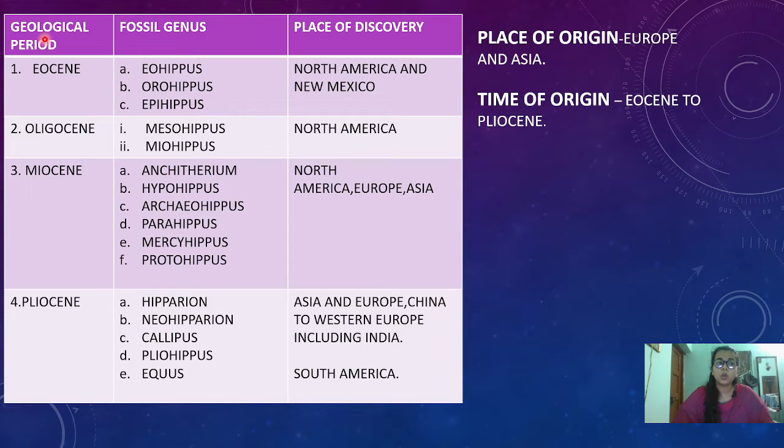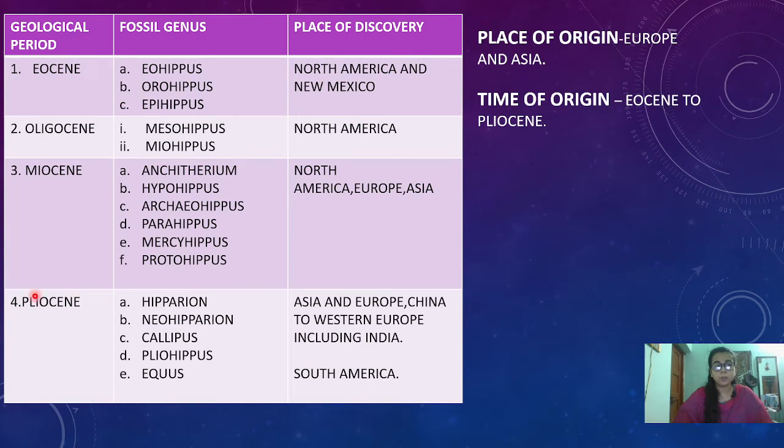So let's begin with this table. During the Eocene time period there were three types of horse: Eohippus, Orohippus and Epihippus. They were mainly discovered in North America and the New Mexico region. In the Oligocene, Mesohippus and Miohippus were seen, found in North America. During the Miocene there were Anchitherium, Hypohippus, Archaeohippus, Parahippus, Merychippus and Protohippus, found in North America, Europe and Asia.